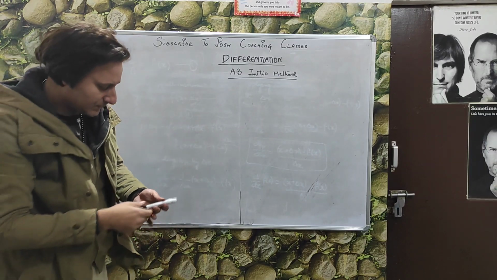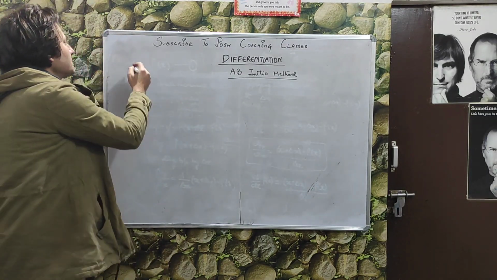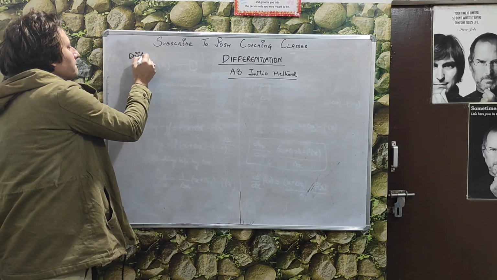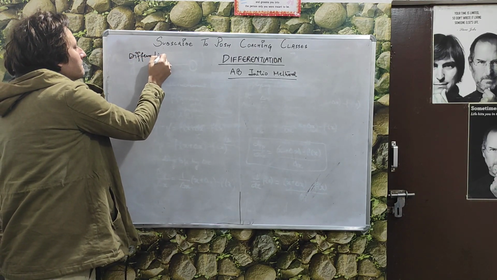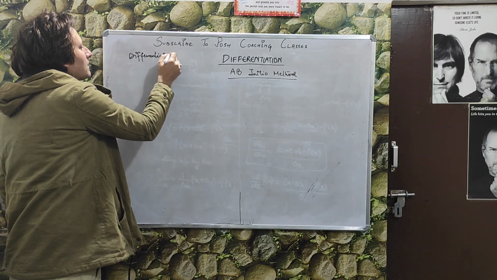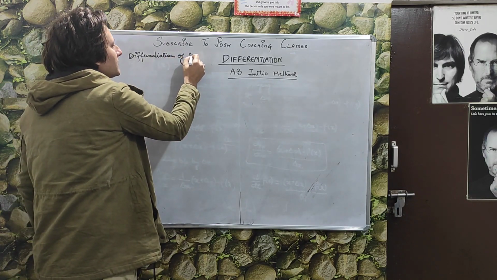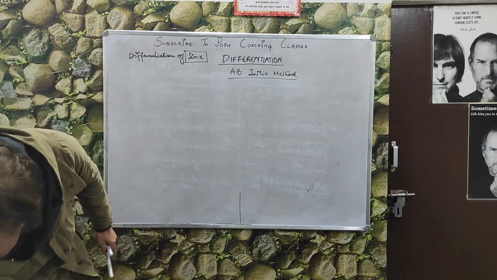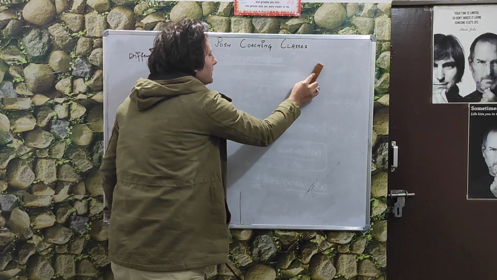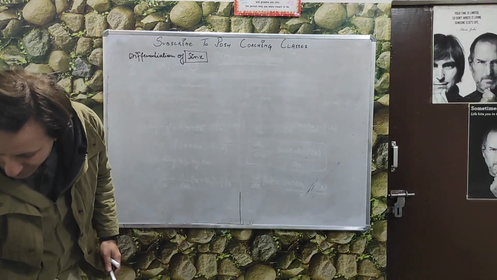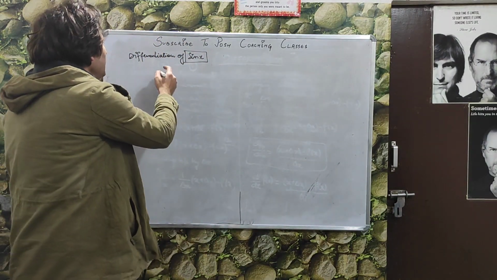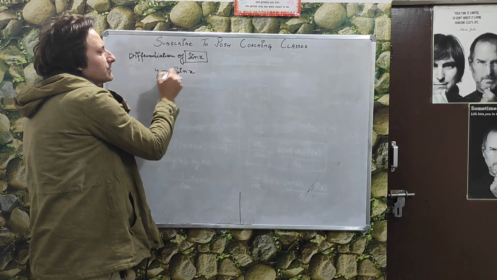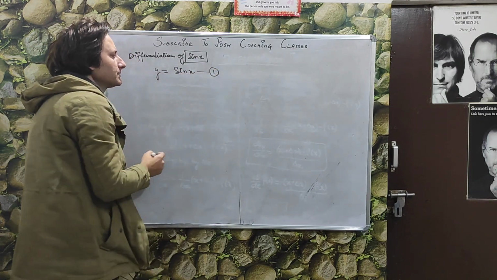For example, the first one says differentiation of sine x, an important one. So differentiation of sine x, how will we do it? The same method we will apply. We'll write y is equal to sine x. This we will put as first.